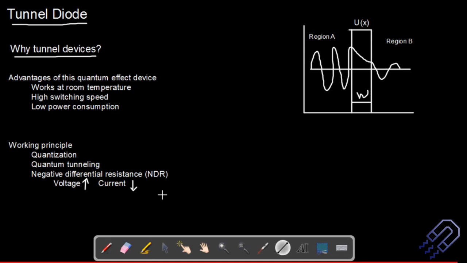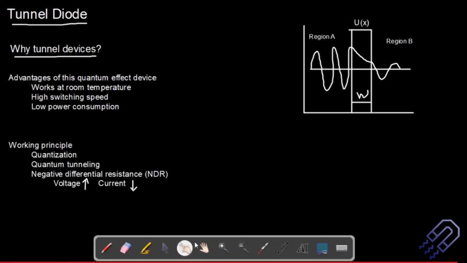One more thing you might have come across is this particular figure, which you might have studied in quantum mechanics in your undergraduate days. This is your region A, where the electrons are, and then there is a potential barrier it has to cross so that it becomes a free electron.